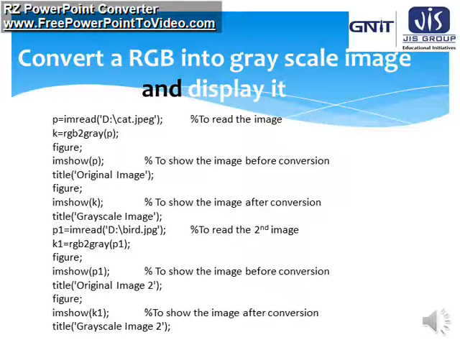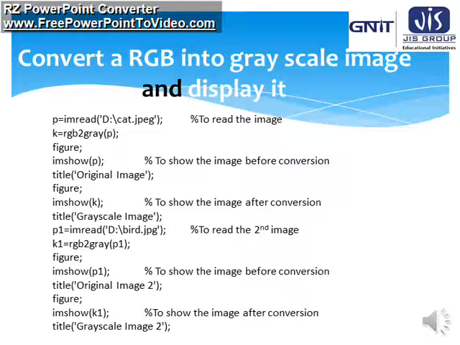This is used to read the corresponding image. Here we are giving the name of the image as cat and the extension as JPEG, and it is stored in the D drive of the computer. So we are giving the entire path, and we have to be sure that the image is in the corresponding path.